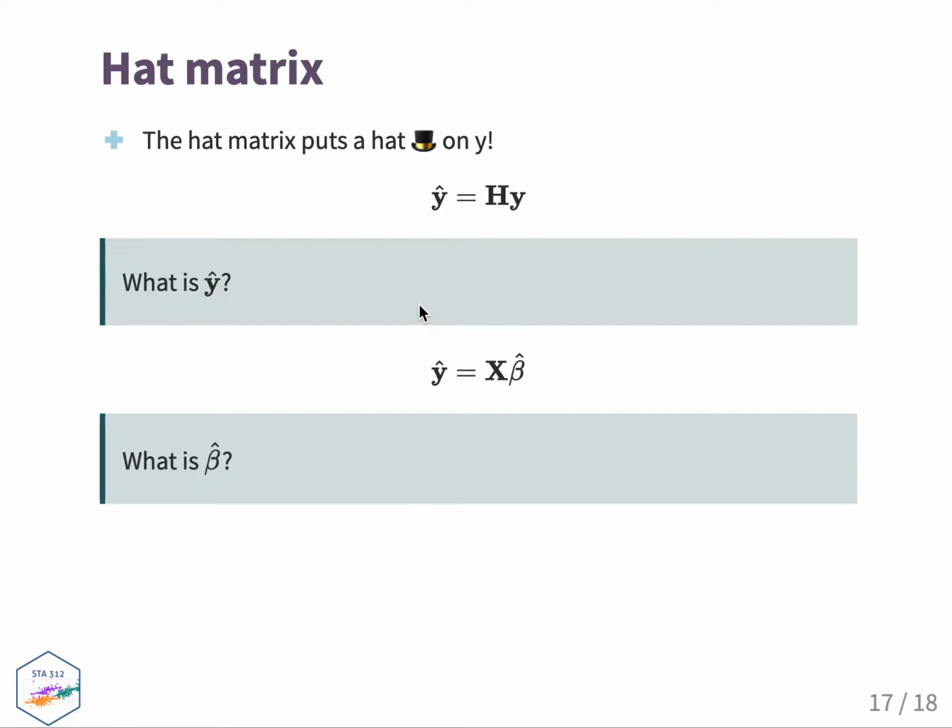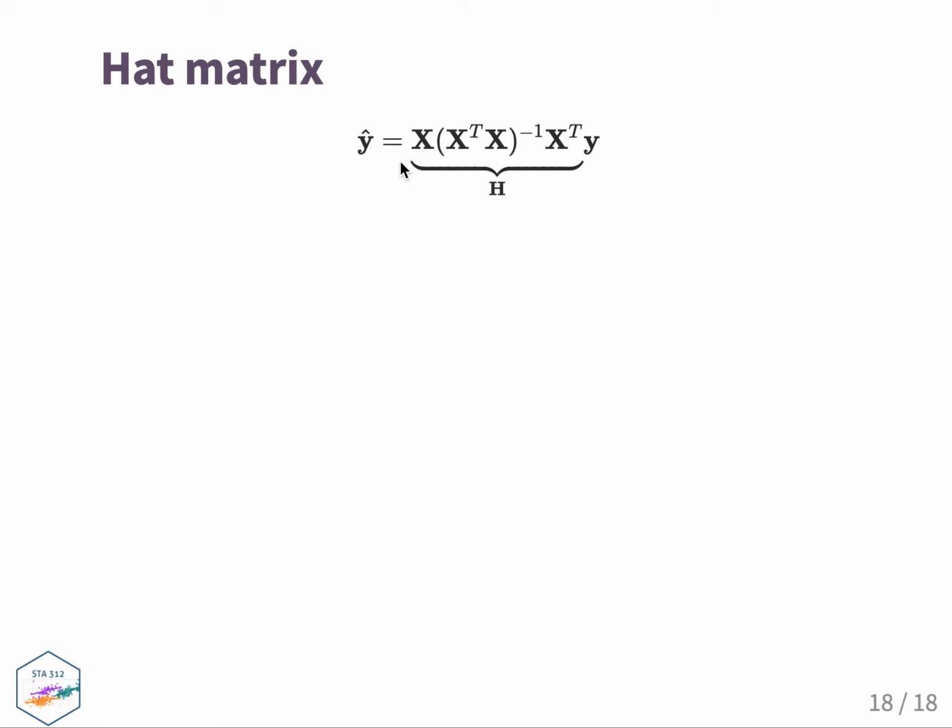Well, we just solved it. It's that X transpose X inverse X transpose Y. And so Y hat is just going to be X times X transpose X inverse X transpose Y. So the hat matrix is going to be all this part before Y. The hat matrix is X times X transpose X inverse X transpose. So there you have it, derivation of the hat matrix, step by step.